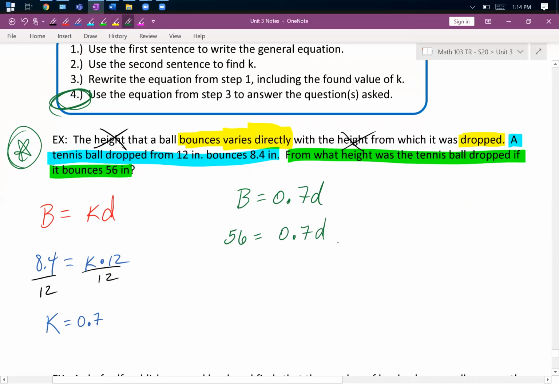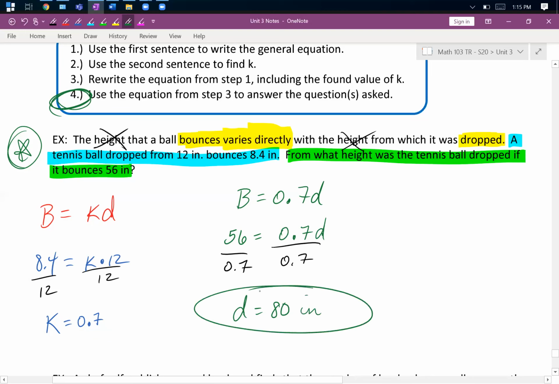So we're solving for D. We'll divide both sides by 0.7. I think that's 80 maybe. 80, and our units, inches. So there we go. Questions, anybody?